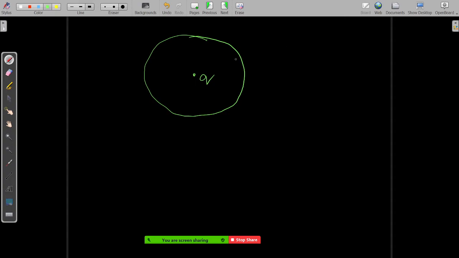So how are we going to do it? Let's say a small flux will be equal to what? E dot dS, correct? So we need to find the E here. Let's say we take a small area dS here.